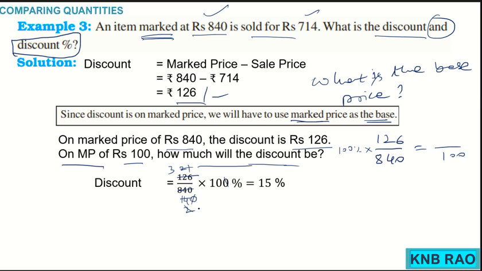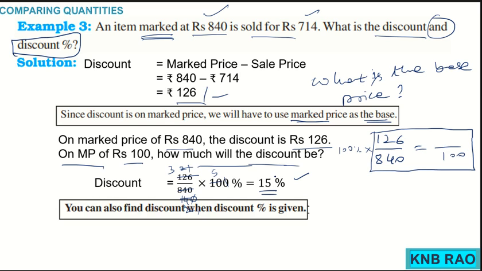Now, this 2 cancels with this 10. 5 2s are 10, so 3 5s are 15 percent. So I am actually converting this fraction to the denominator 100, which gives me 15%. So you can also find the discount when the discount percentage is given.